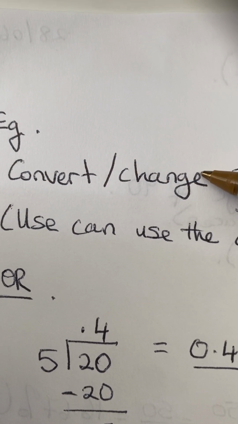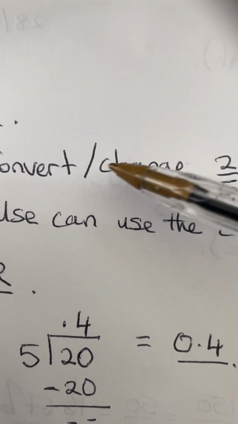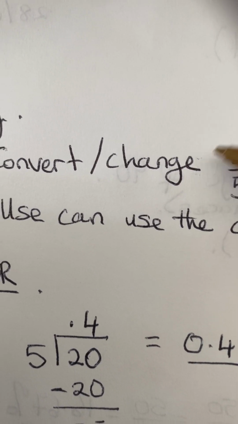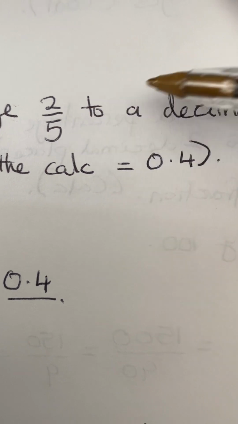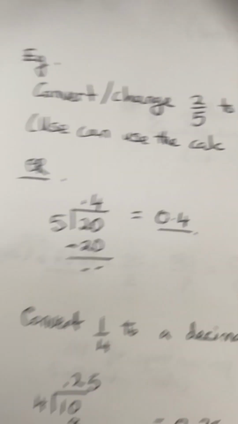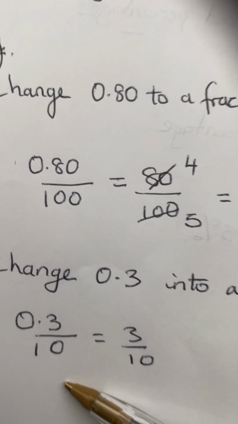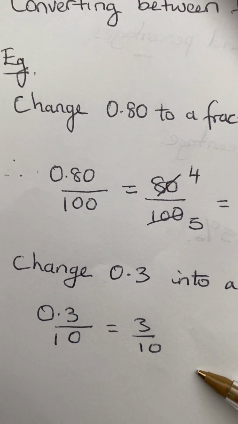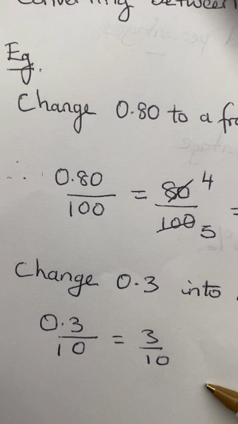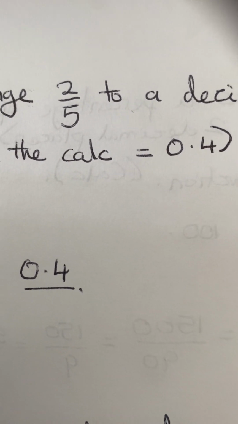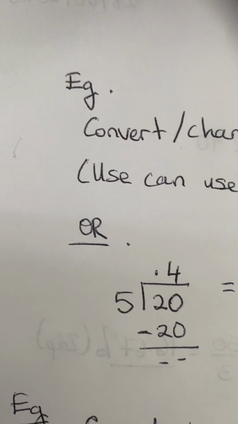Convert or change. If they say convert or change, it means the same thing. 2 over 5 as a decimal. Here, what we did before was take a decimal and change it into a fraction. Now let's have a look at changing a fraction into a decimal. How do we do that?